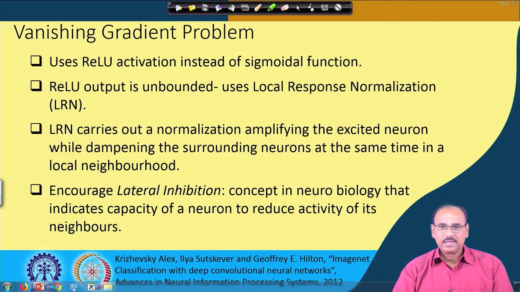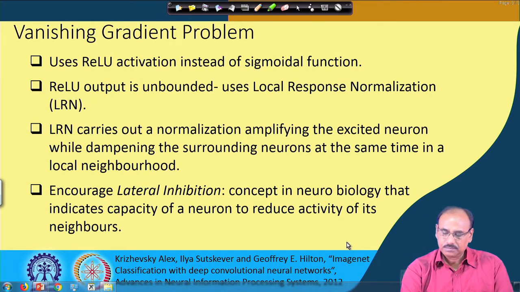So AlexNet, in order to deal with the problem of unbounded output, goes for a normalization of the output before applying the nonlinear activation function.